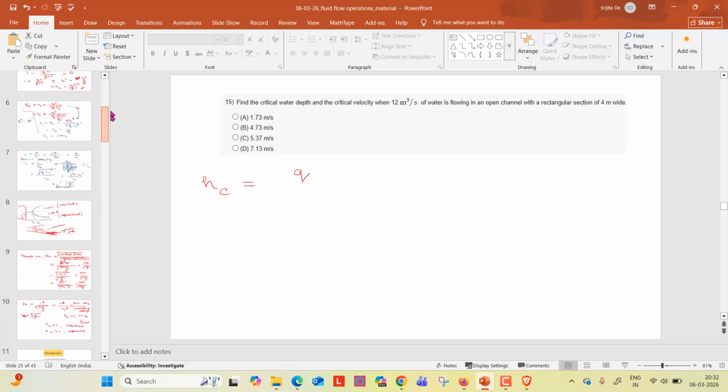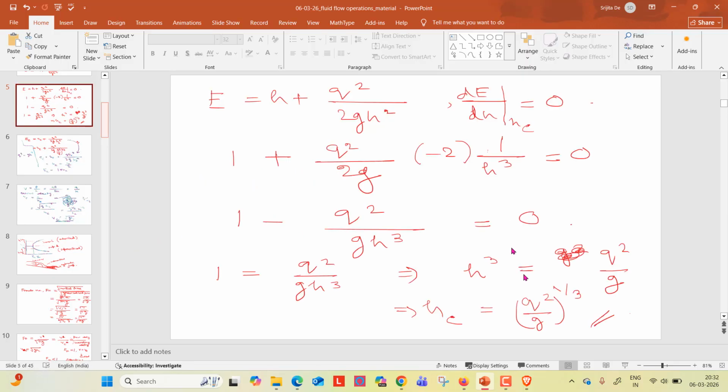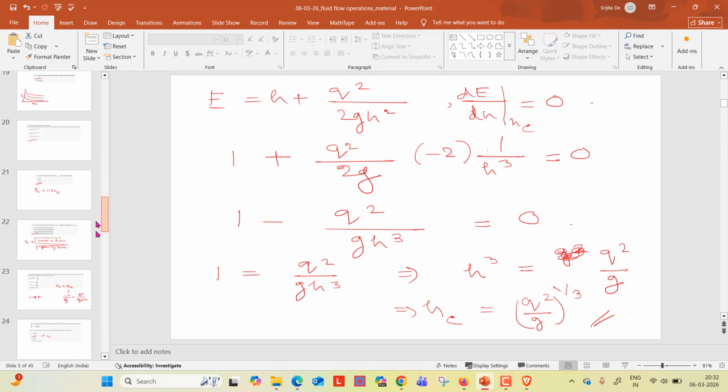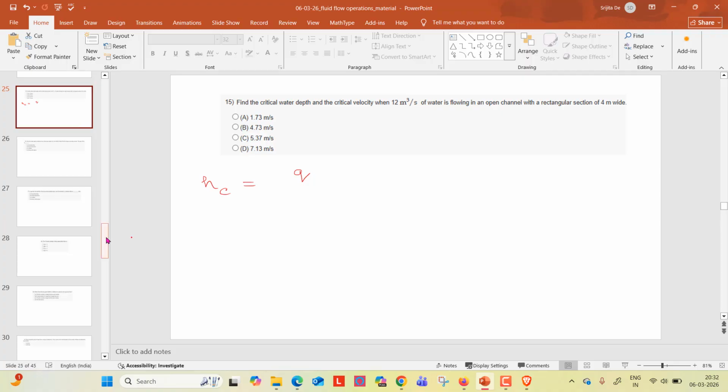That is why I have done the expression: q square by g, to the power 1/3. Sorry, not this 1/3, it is whole 1/3, right? And what is q?